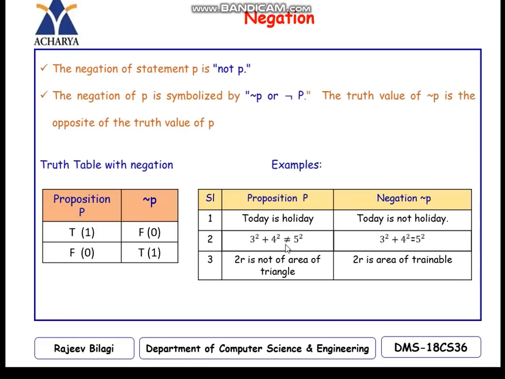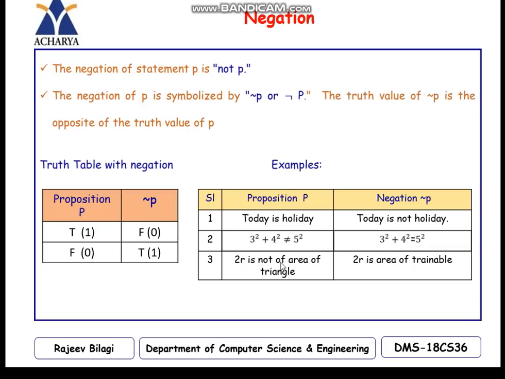When you are writing a negation of P or a negation statement, you don't check the correctness of the particular statement, whether it is correct or not. 3 square is equal to 9, 4 square is equal to 16, so it is equal to 25. Actually, this particular statement is true, but I am not worried about how exactly you are going to cross verify it. I am just writing a negation of that particular statement, say P.